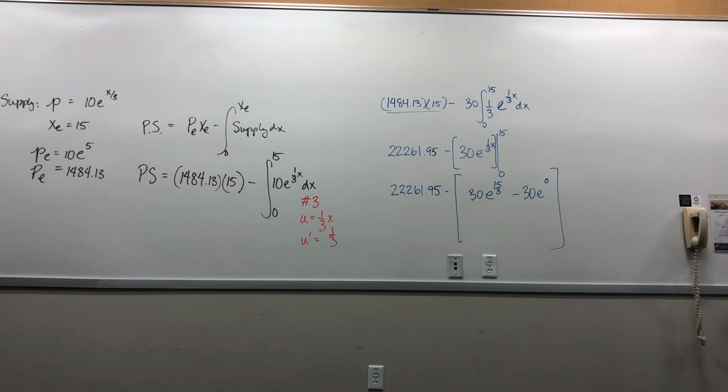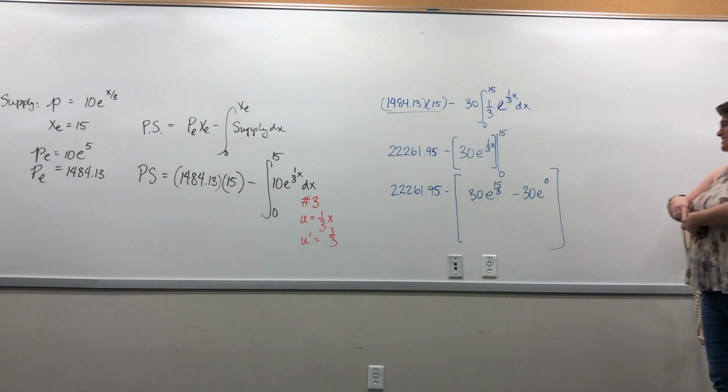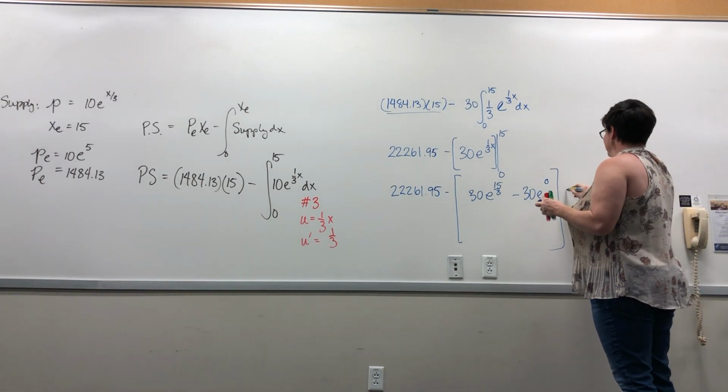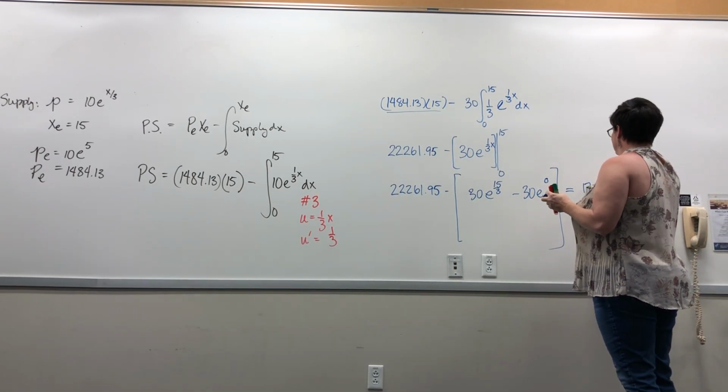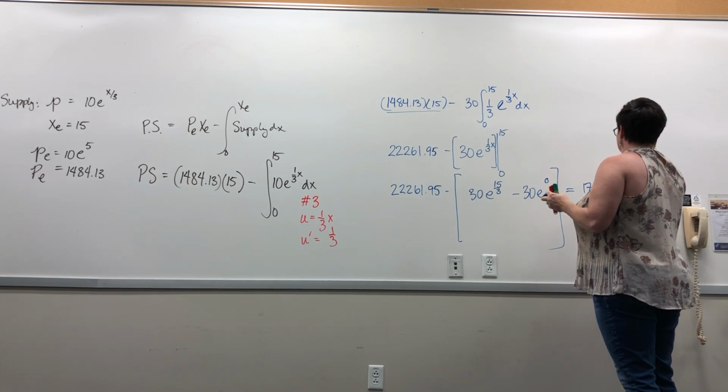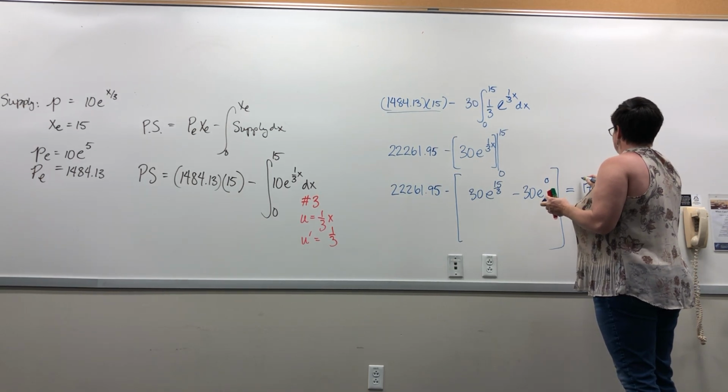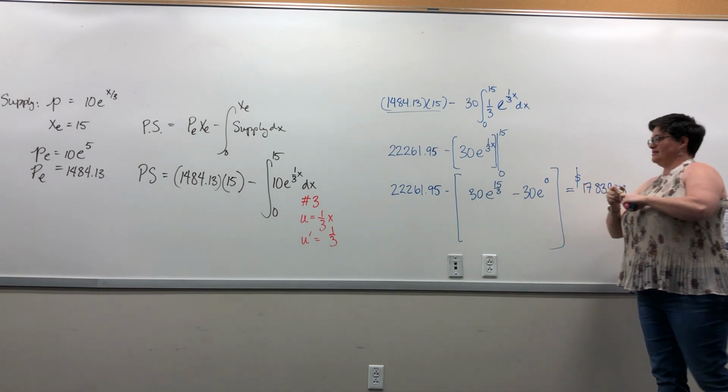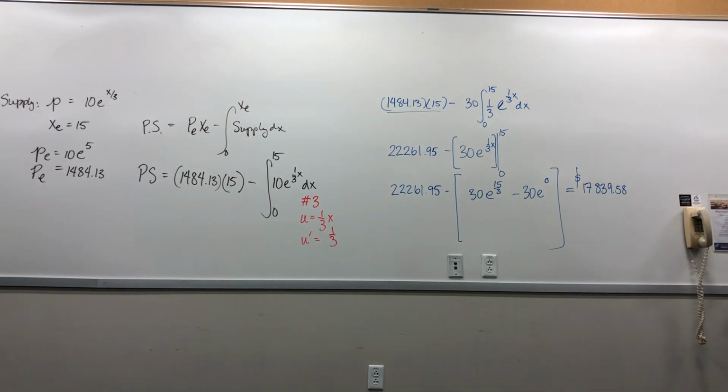All right, so what is the answer? Who's done the math? I've done the math, but I don't know if you trust me anymore. I trust you. What is it? The correct answer is 17,839.58 cents. The error came from the e to the 15/3. It's 1484.131591.